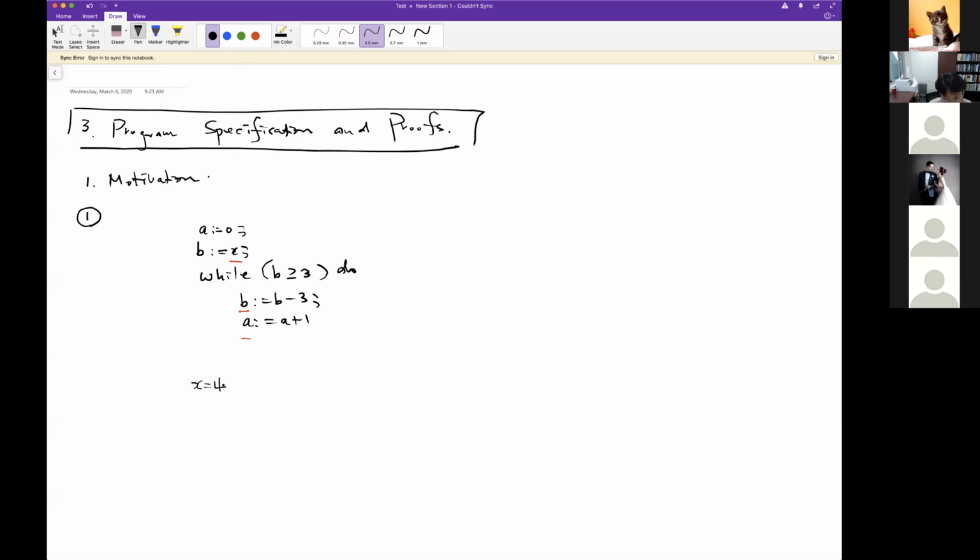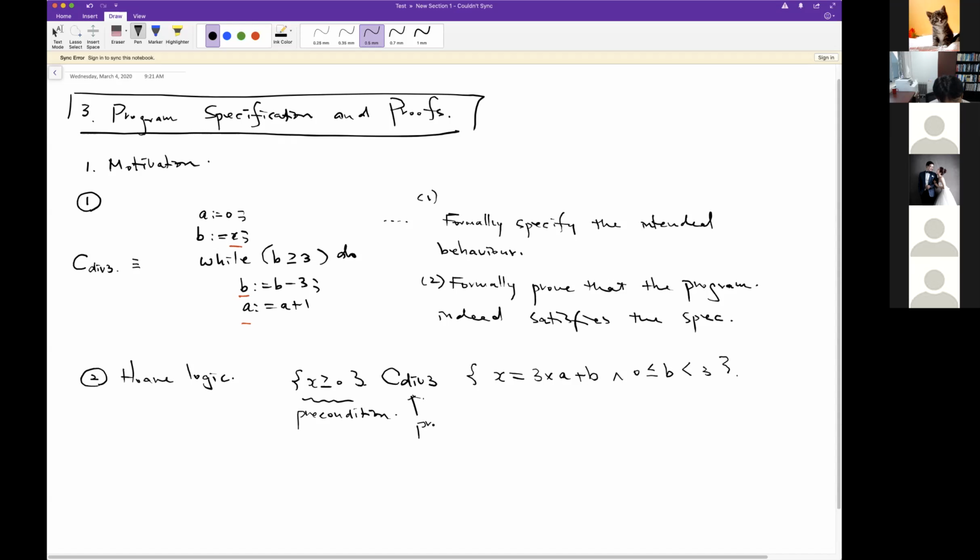What I wrote means that the first part is called the precondition. What you see in the middle is a program that we want to think about. The last one is called the postcondition. In the textbook, the precondition is sometimes called the precedent, and the last one is called the consequent. But the more common terminology is precondition and postcondition.